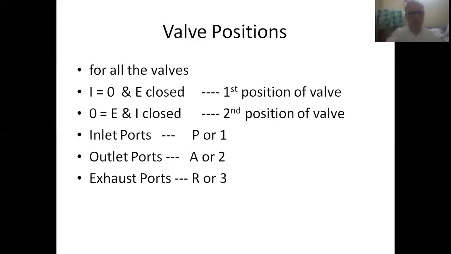Similarly, capital P is used for representing inlet ports, capital A for representing outlet ports, and capital R for representing the exhaust ports. So it's called alphabetical representation.